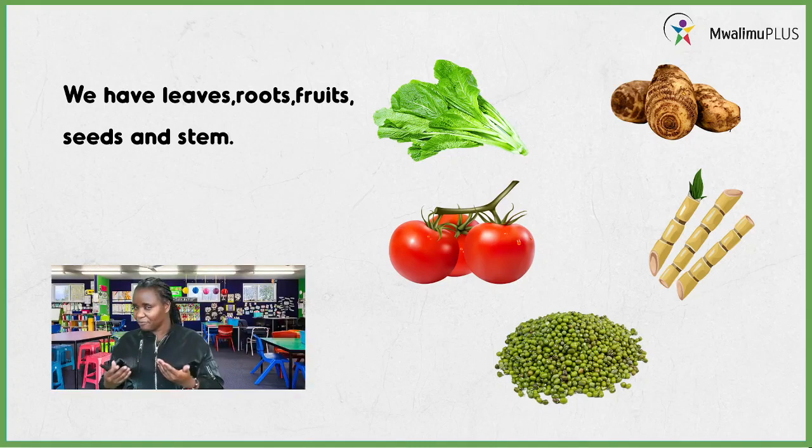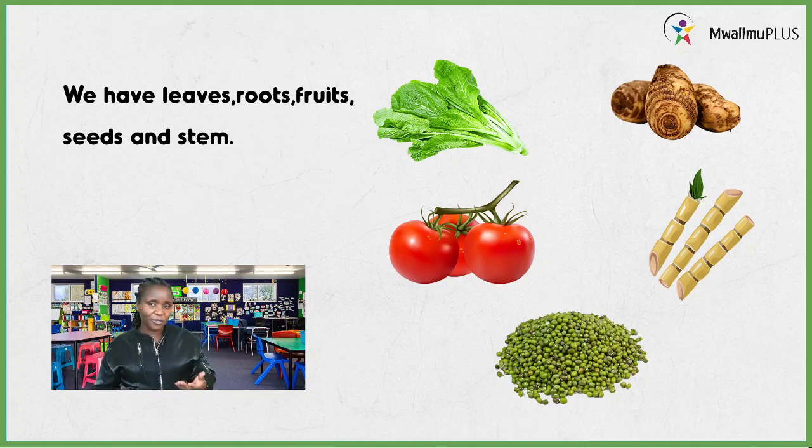We have food that we get from the leaves. Yes, as you can see on the screen, we have the kales. We use the leaves. Many vegetables, we get them from leaves.